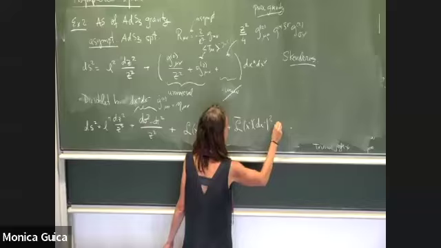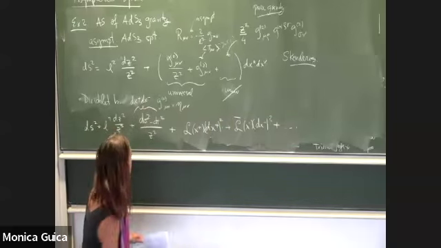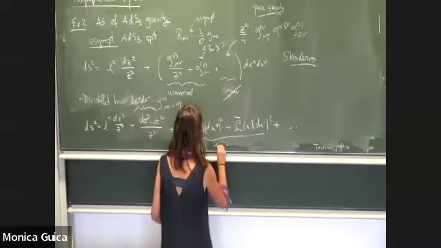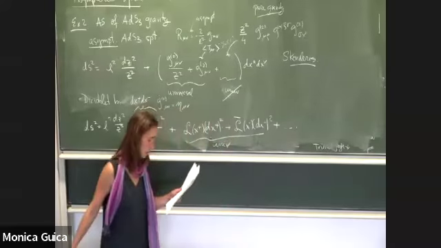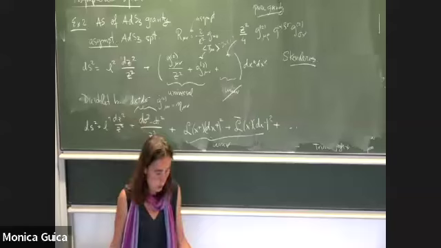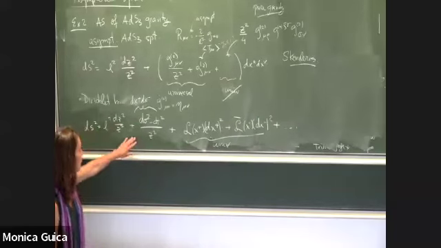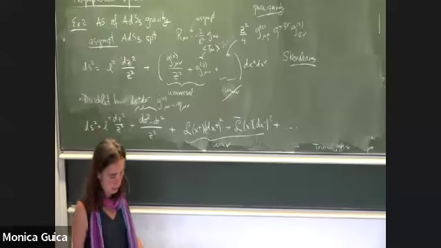And then we have the dot dot dots, which a priori are non-universal. Okay, these guys are universal. Okay, very good. So this is how an asymptotically AdS3 metric with Minkowski boundary metric looks like.